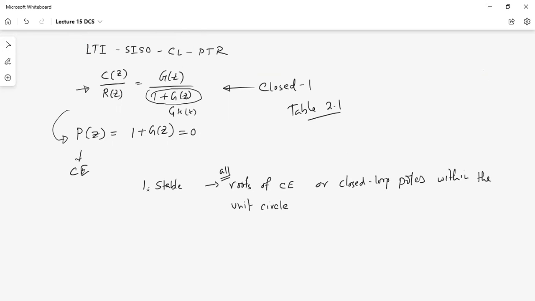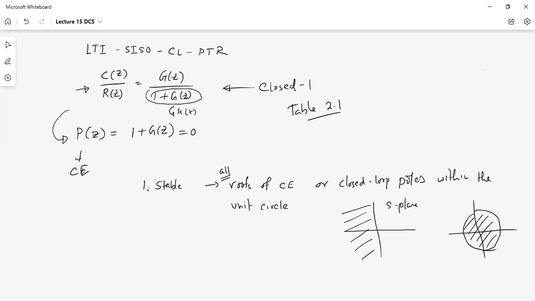We should emphasize on that. Why the unit circle? Because when we compared the S-plane with the Z-plane, we saw that the entire left half of the S-plane maps to the interior of the unit circle.